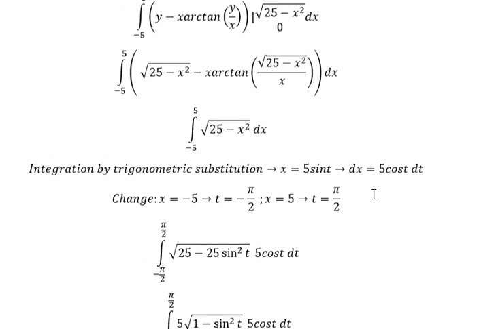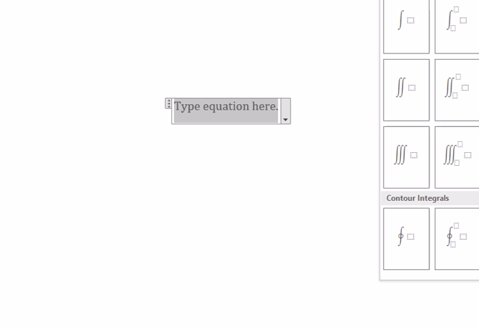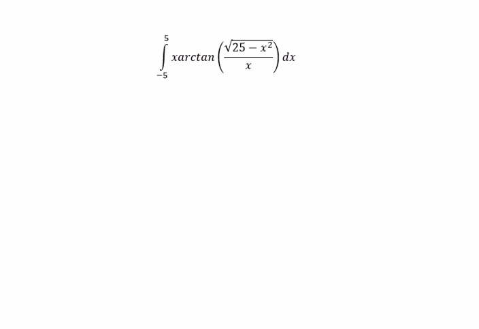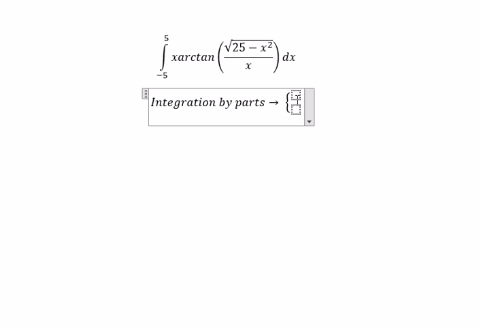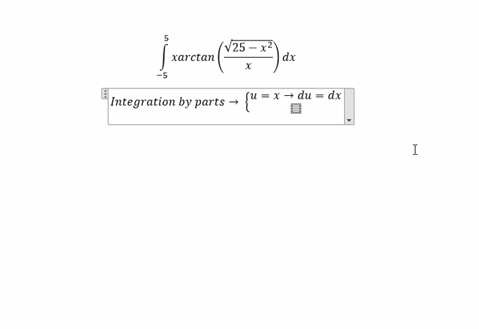Now let's go to the second one. In this situation, we can use integration by parts. So we have u and dv. u equals s, so du equals ds. For dv, we got this one.